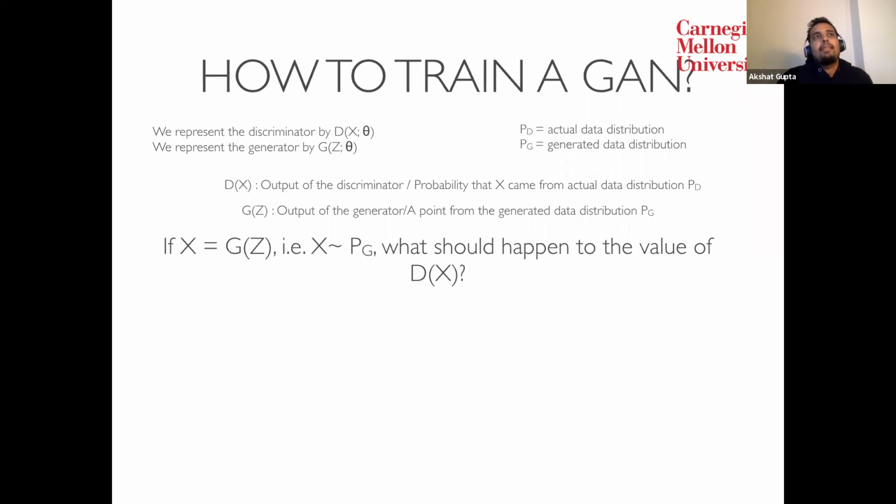Next question. Let's say now that x is the output of the generator, which means that x now is a point from the generated data distribution. Now, what should happen to the value of D(x), or how should the discriminator train, if x is a point from the generated data distribution, or if x is the output of the generator?